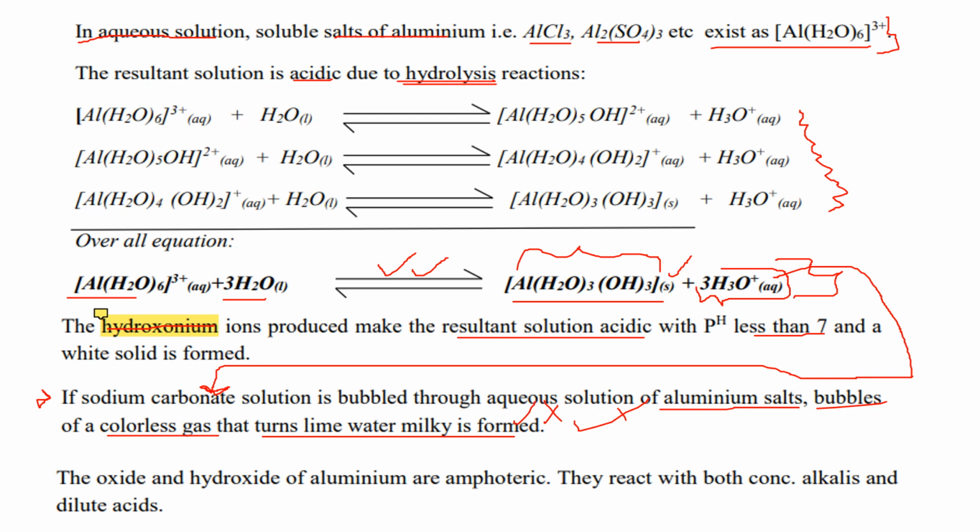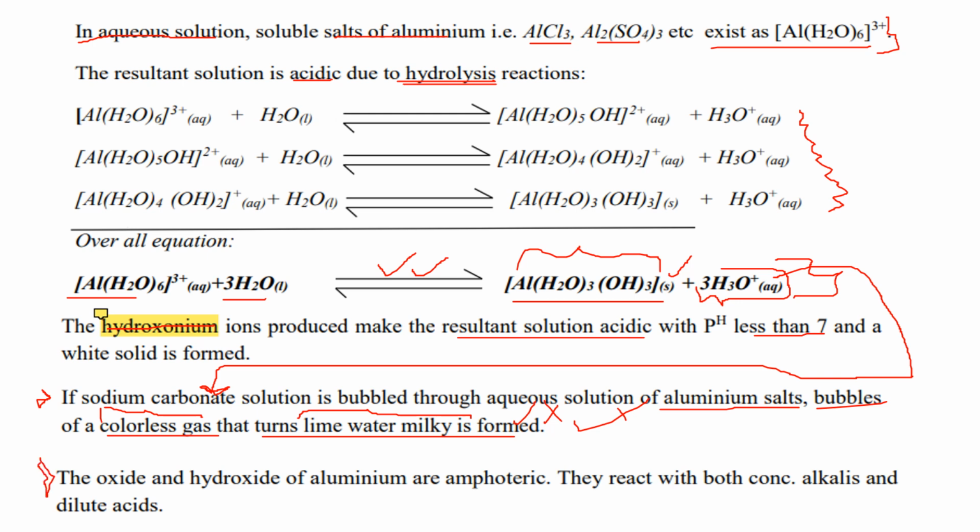So it's the carbon dioxide gas that is being evolved as the colorless gas. And the test for carbon dioxide is always to turn lime water milky, or form a white precipitate with calcium hydroxide solution, either of the two tests.